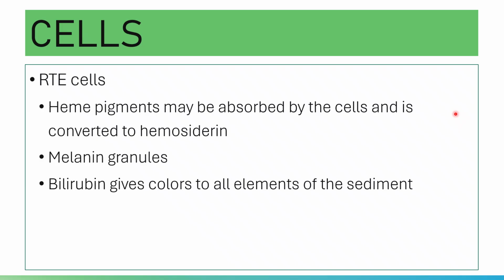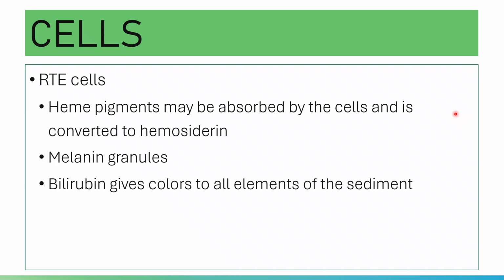The cytoplasmic granules with hemosiderin appear yellow-brown and will stain positive with Prussian blue. These hemosiderin granules can also be incorporated into casts.